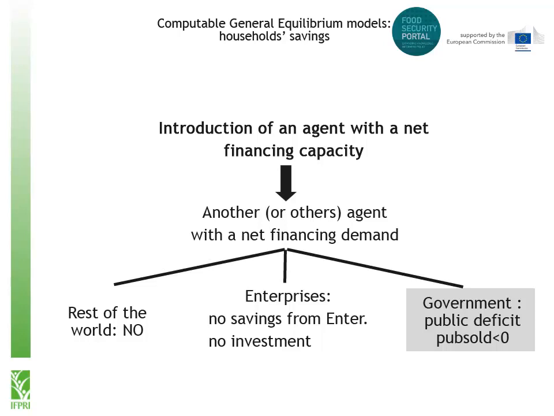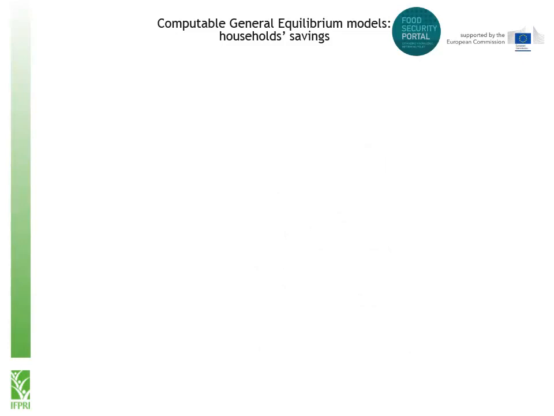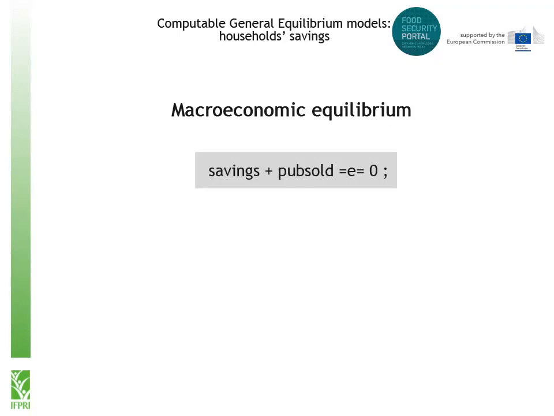We have a public deficit. So it means that we have to write a new equation which is usually called macroeconomic equilibrium. And so in this model it is very simple. It is SAVINGS + PUB_SOLD = 0. So this is the macroeconomic equilibrium.